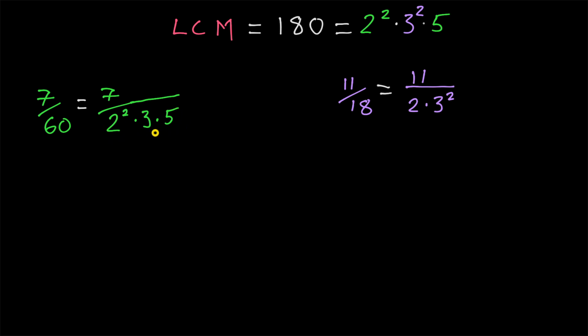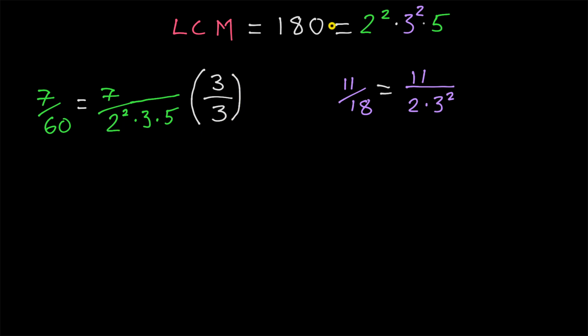We're missing a 3. So what you have to do is multiply the numerator and the denominator by 3 over 3, because this denominator here, 60, as it is prime factorized, is just missing a 3.